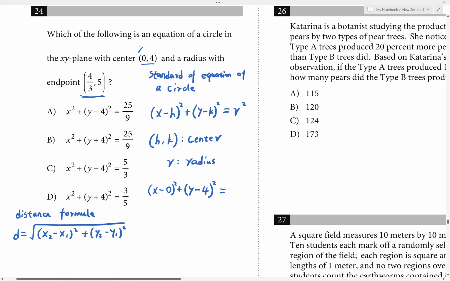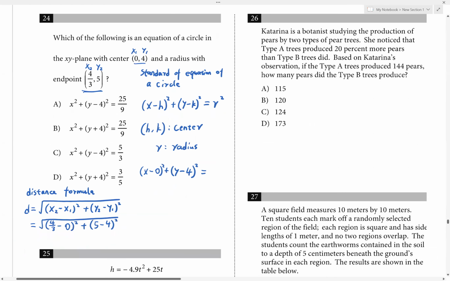If you want, you can label them x1, y1, x2, y2 like that, and we're going to plug them into the formula. So this is the square root of x2 minus x1, which is 4/3 minus 0, squared, and then y2 minus y1 is 5 minus 4, squared.